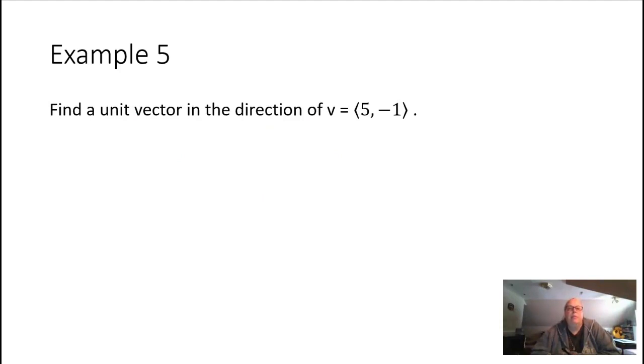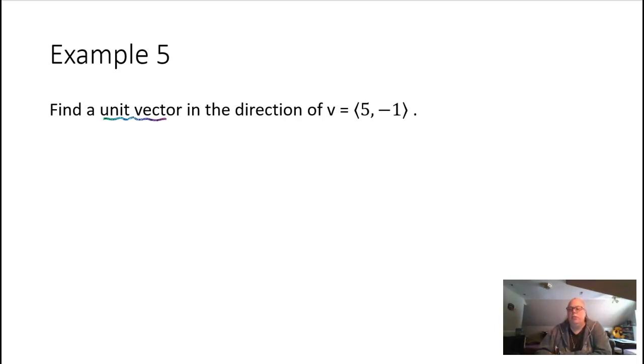Example 5, find a unit vector in the direction of v is equal to the vector +5, -1. All right, the unit vector, that just means that when we square these components and add them together and square root it, we're going to get 1 out of it.